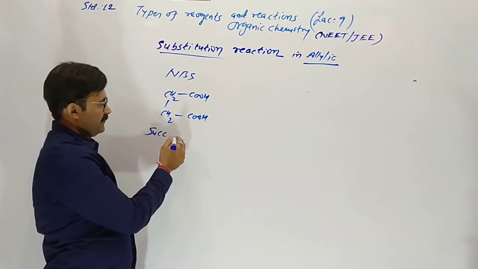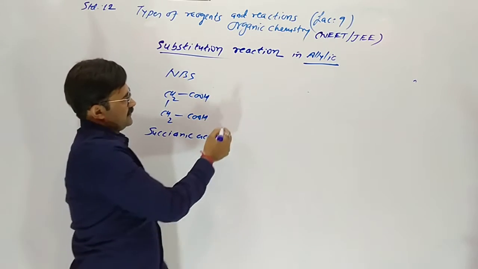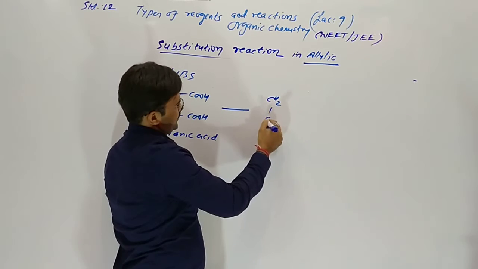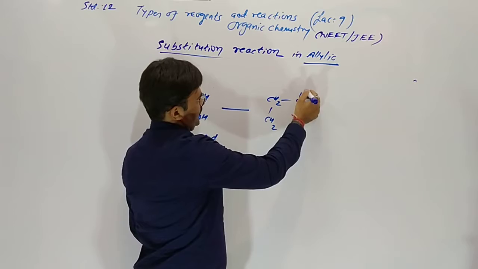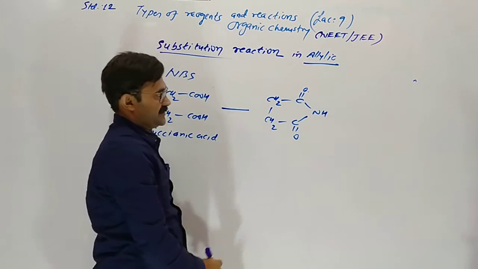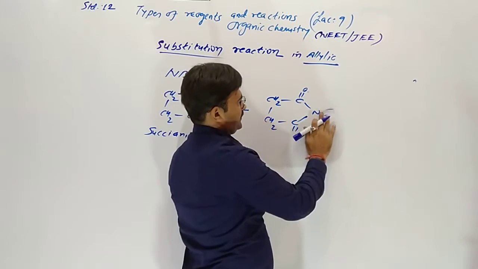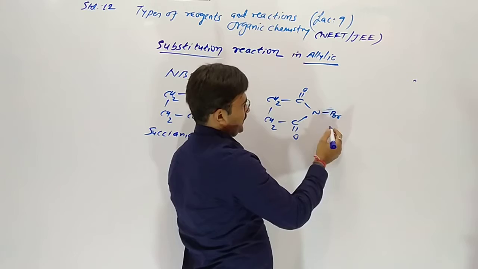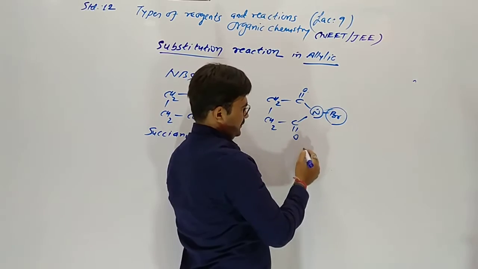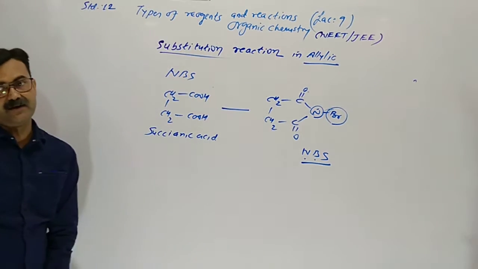Now CH2, CH2, COOH, COOH becomes CO, NH, CO, succinimide. And if hydrogen is removed and bromine is there, so N-bromo succinimide. This is NBS.